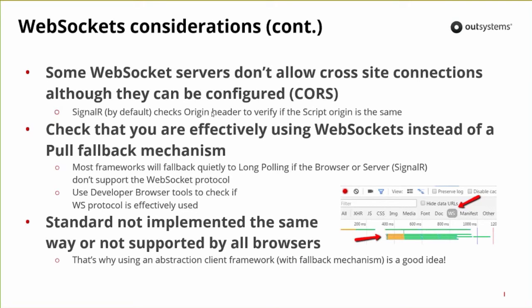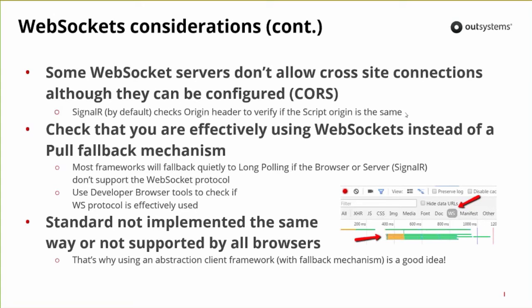This means that, for instance, in that example of the OutSystems application that is using a self-hosted WebSocket server, if the WebSocket server URL does not have the same domain, most probably the SignalR server is going to block the connection, and the OutSystems application cannot create a connection from the browser client-side code.